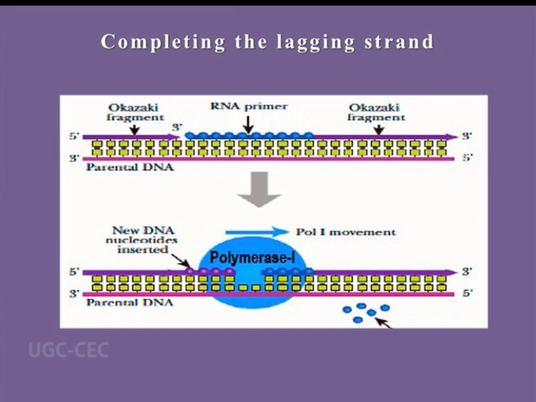Thus, the Okazaki fragments contain DNA with gaps in between them. In order to have a continuous strand, the gaps have to be sealed. So, there are two enzymes operating now. One is DNA polymerase I, the other is DNA ligase.